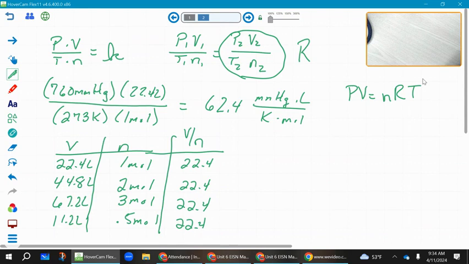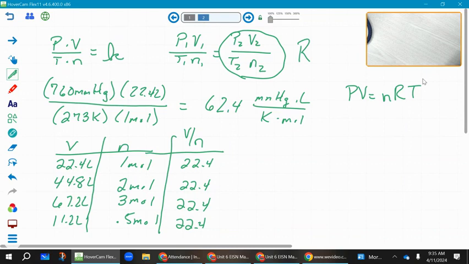Oh, is that the like base? This is what the ideal gas law is. Now, what it comes from is all of this equal to R. But instead of putting PV over TN, let's multiply this side by T and N. What we do to one side, we do to the other, and this is the formula you get.